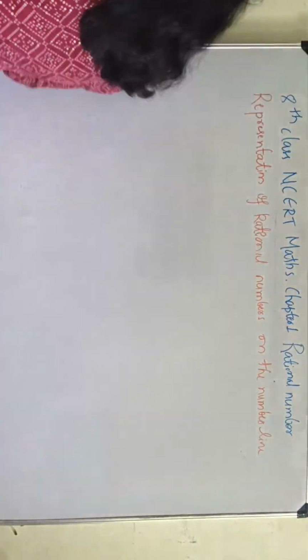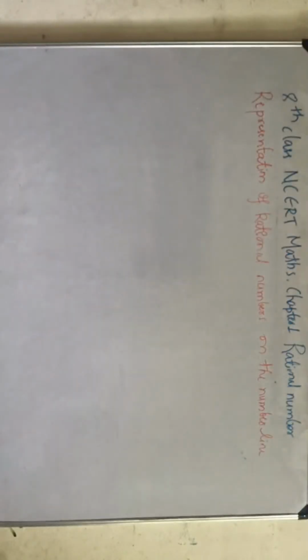Okay, so we are representing the rational numbers on the number line.